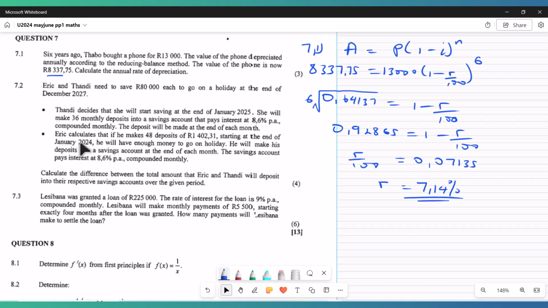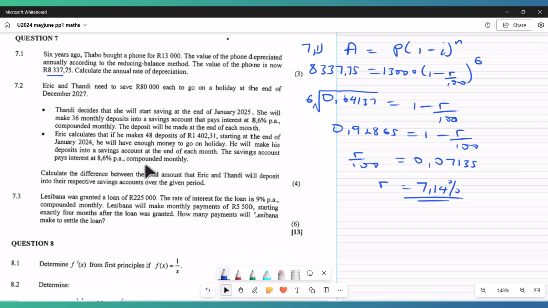Then they say Eric calculates that if he makes 48 deposits of this month, starting at the end of January 2024, he will have enough money to go on holiday. He will make his deposit into a savings account at the end of each month. The savings account pays interest of 8.6% per annum compounded monthly. So we have the same interest rate. Then they say calculate the difference between the total amount that Eric and Tandy will deposit into their respective savings accounts over the given period.